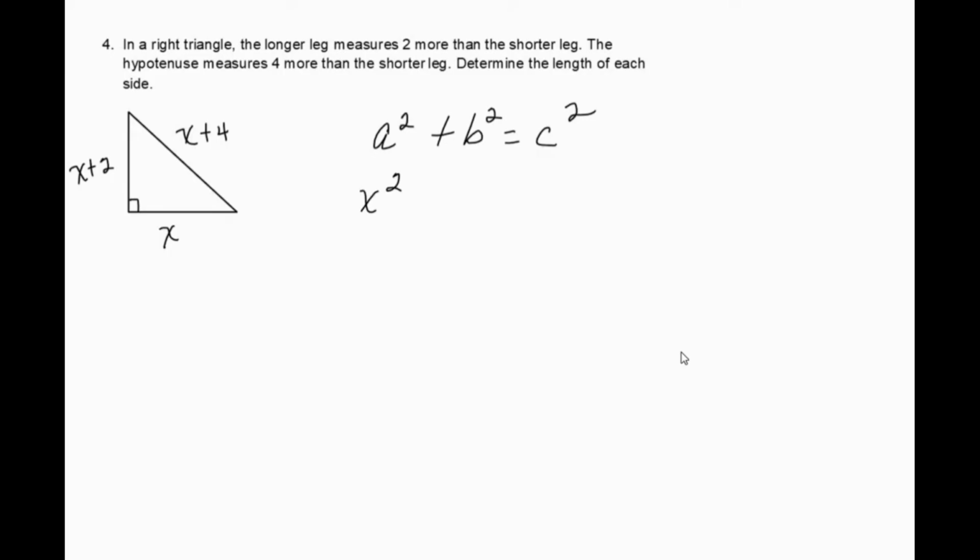So x squared plus (x plus 2) squared equals (x plus 4) squared. I'm going to pause this and let y'all try to simplify that out and set that equal to 0.